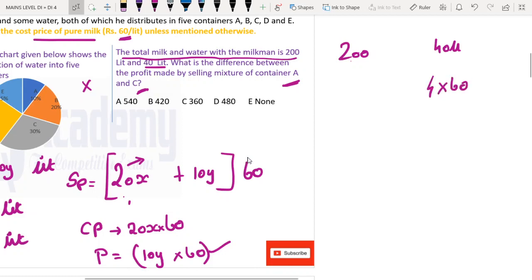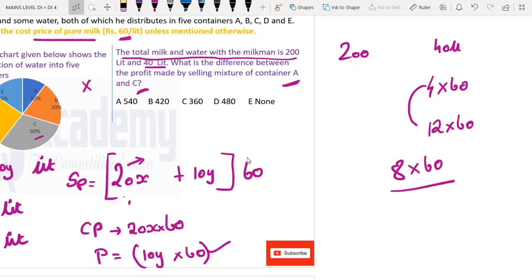For container C, the profit is 30% of 40, which is 12 into 60. So the difference between these two is 8 into 60, which is nothing but 480 rupees. So the answer for this question is 480 rupees. Here you should remember one thing, the profit comes only from the water.